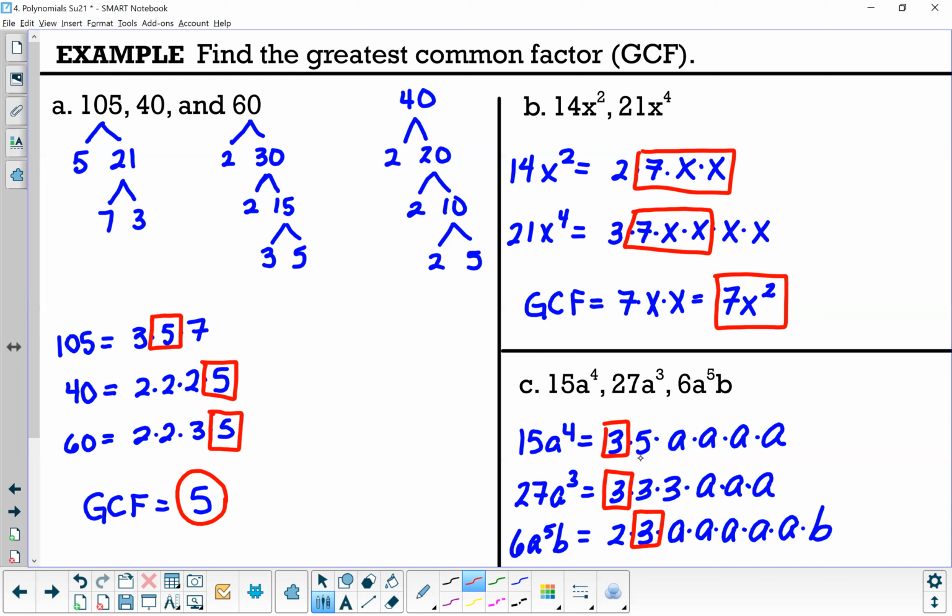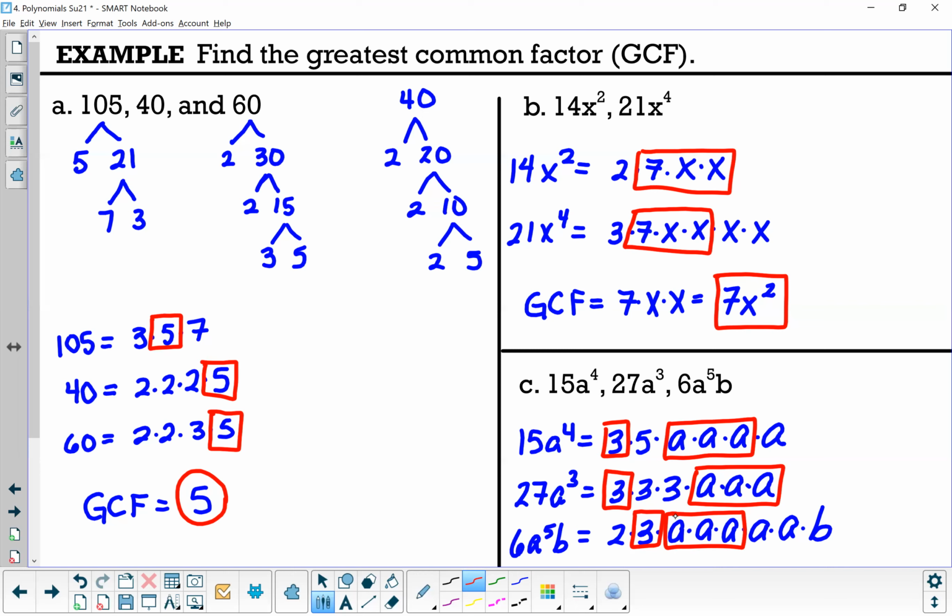No, we don't have 5 represented in every prime factorization, but we do have at least 3 factors of a in each term. Now what about for b?